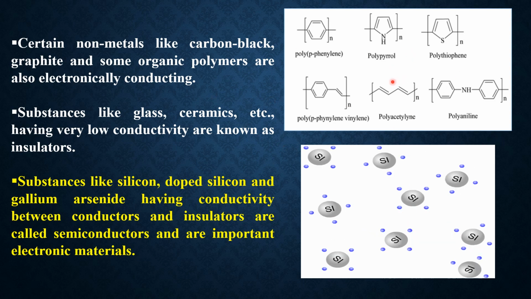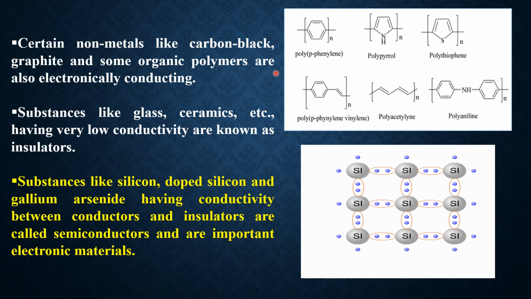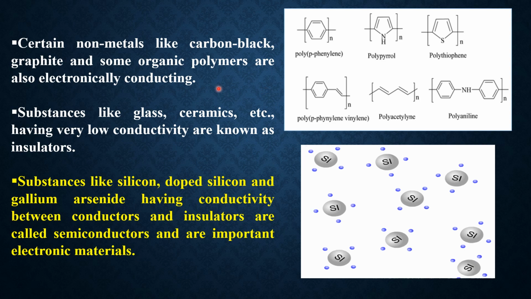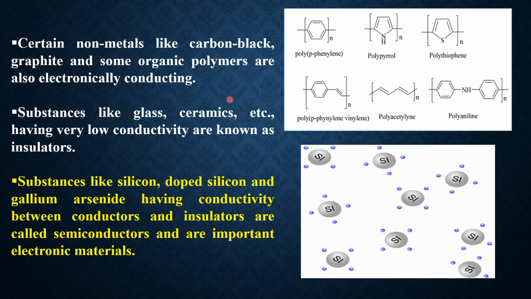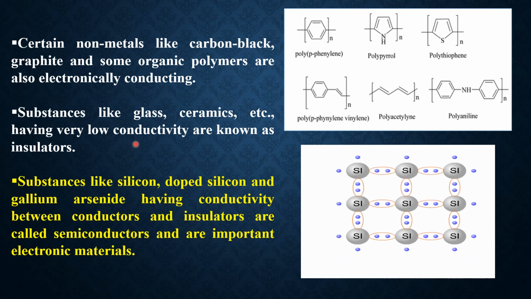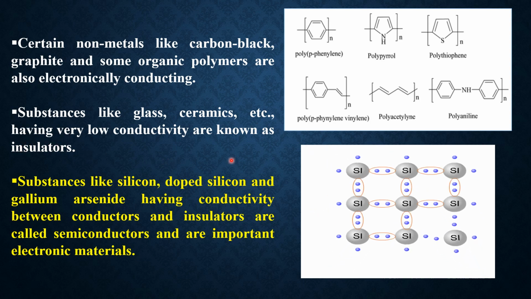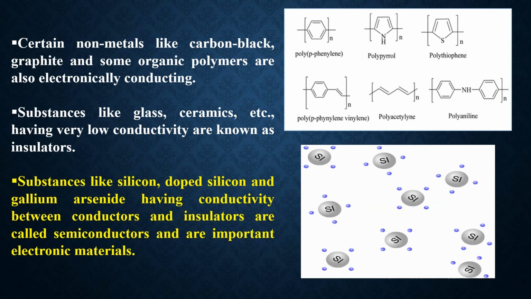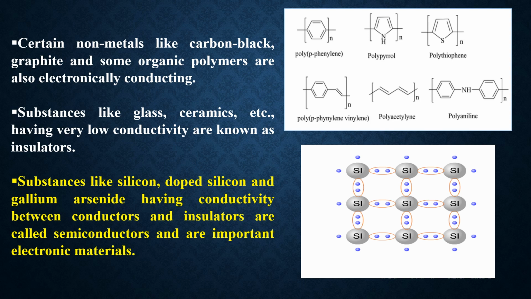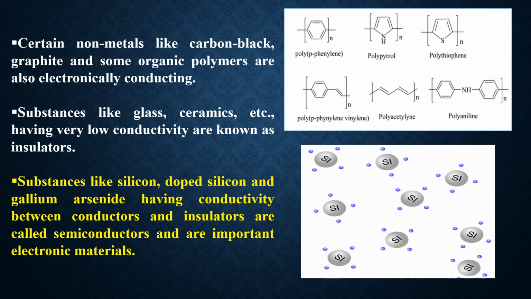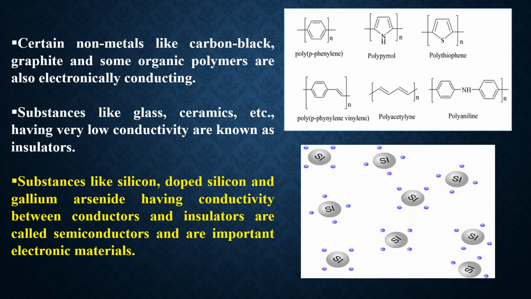These are organic polymers, said to be non-metals or non-conductors, but they have the ability to generate electronically conducting properties. Substances like glass and ceramics, having very low conductivity, are known as insulators. And substances like silicon, doped silicon, and gallium arsenide have conductivity between conductors and insulators. That's why they are said to be semiconductors and are important electronic materials as well.